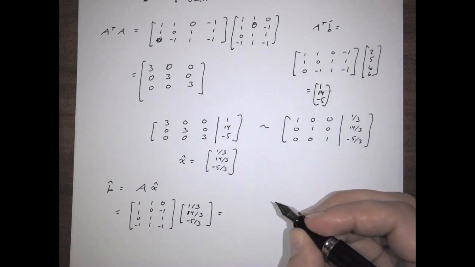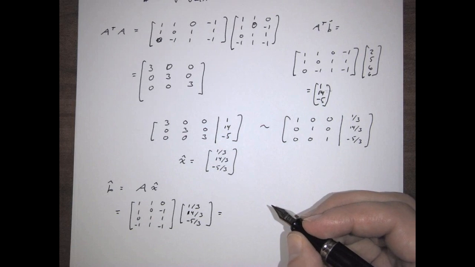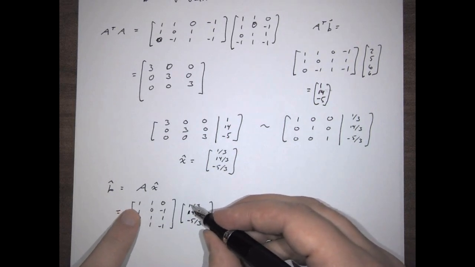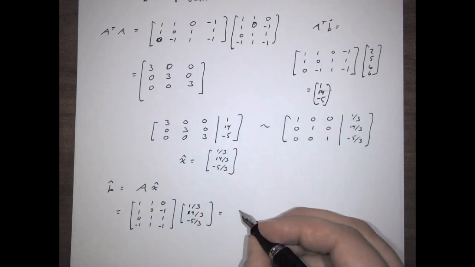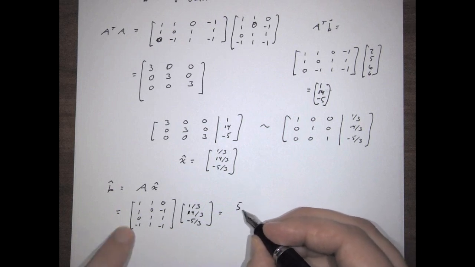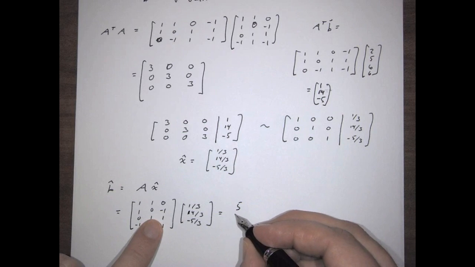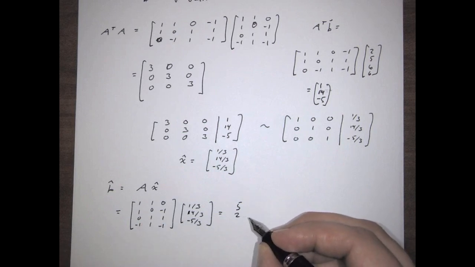And so when we actually calculate that out, what we get is: 1/3 plus 14/3 is 15/3, so that's in other words 5. We have 1 plus 5/3 is 6/3, so that's going to equal 2.